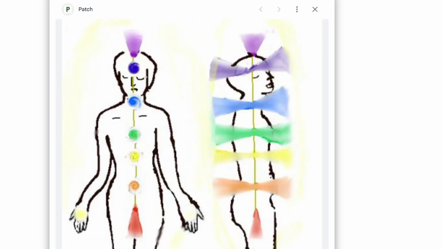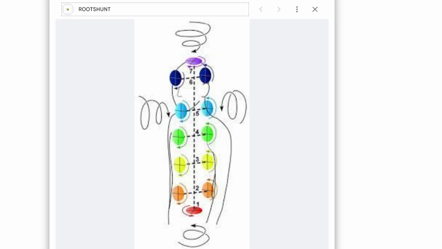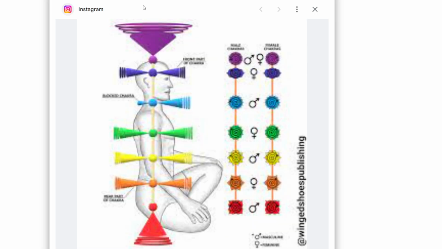Okay, so yeah, these are some of the images. I think I have one more image. Yes, so this is another representation. They have also shown a little bit of male and female structure over here.